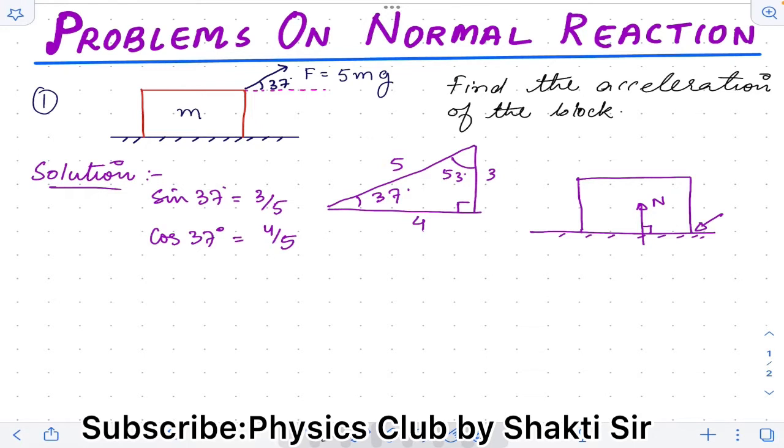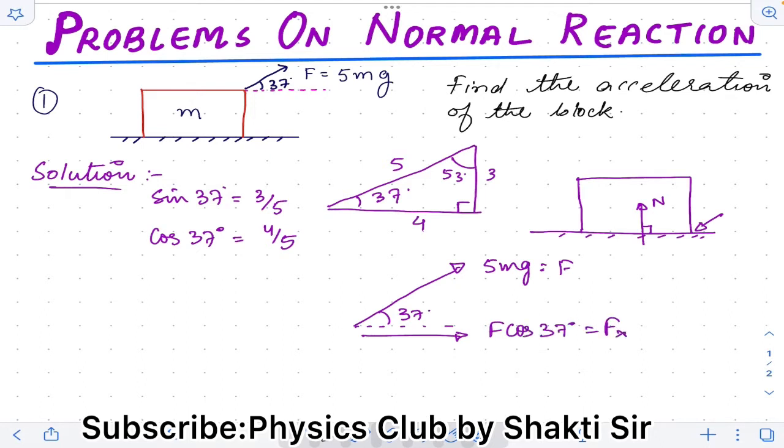Okay, let's solve this numerical. The force is acting at an angle of 37 degree and its magnitude is equal to 5 mg. Let's say the force is acting in this direction, 5 mg. Its value along the x-axis is f cos of 37 degree.